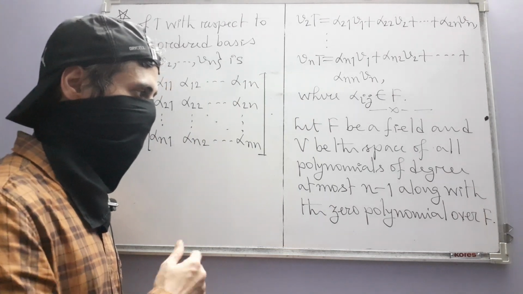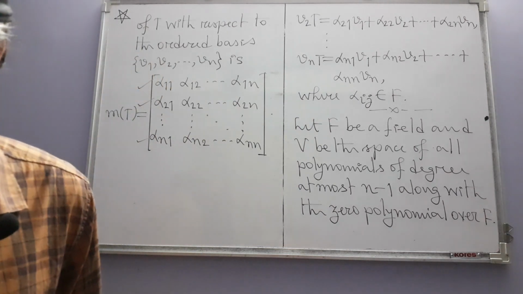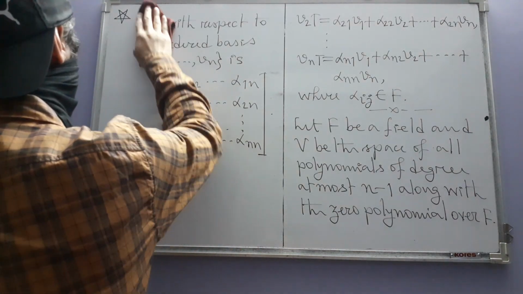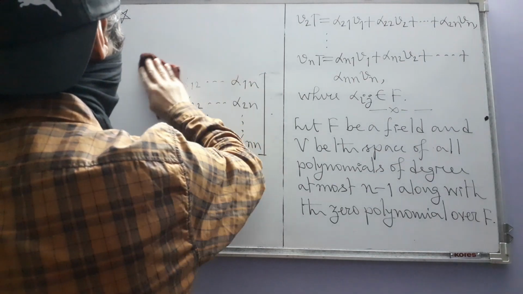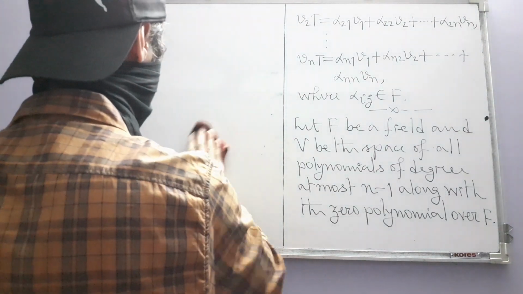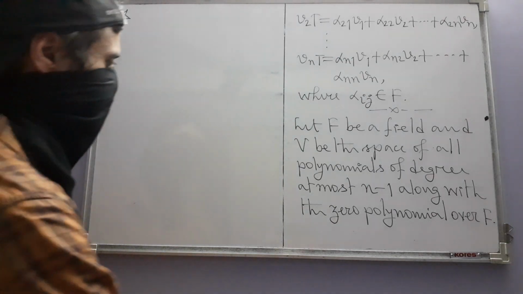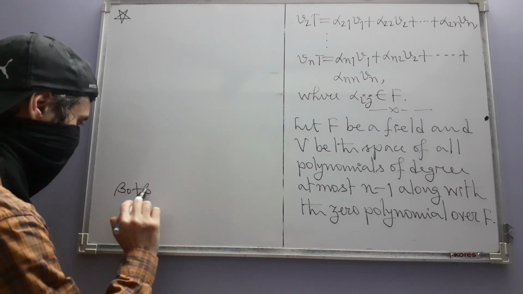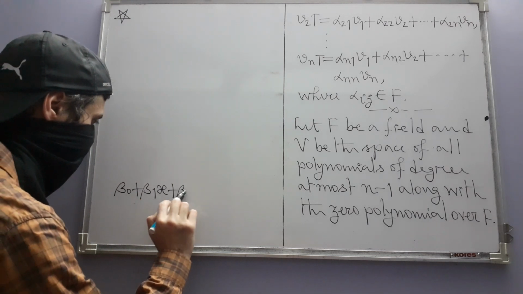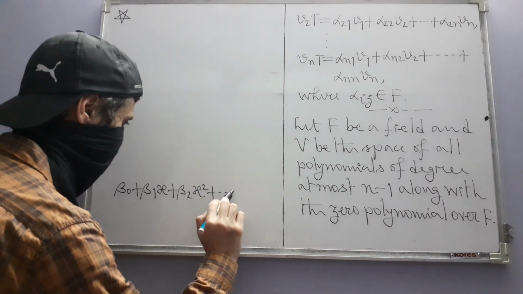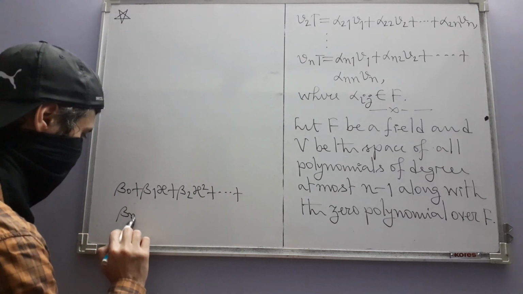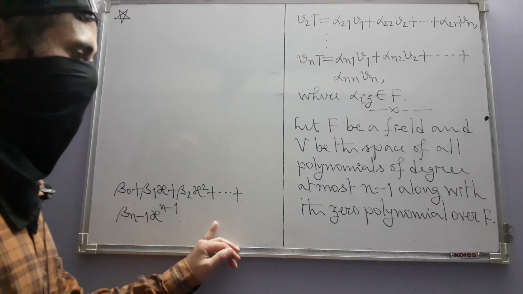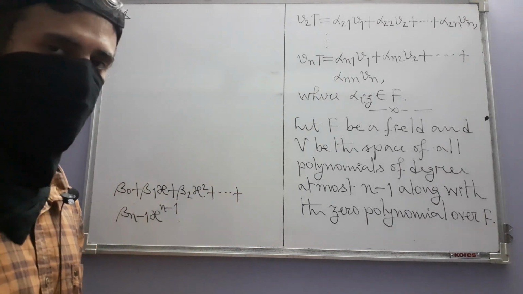So that means the general element of V will look like this: beta naught plus beta 1 x plus beta 2 x square and so on plus beta n minus 1 x to the power n minus 1, where these beta i's are elements of the field F.